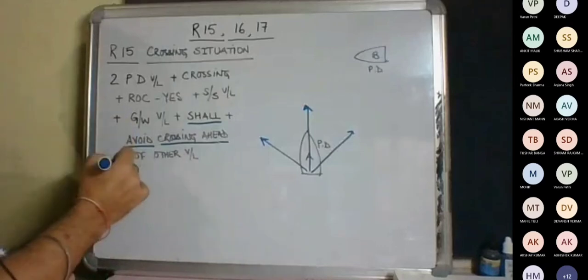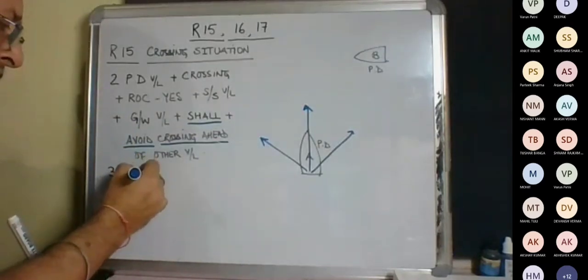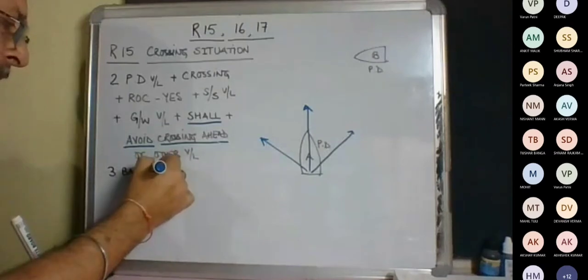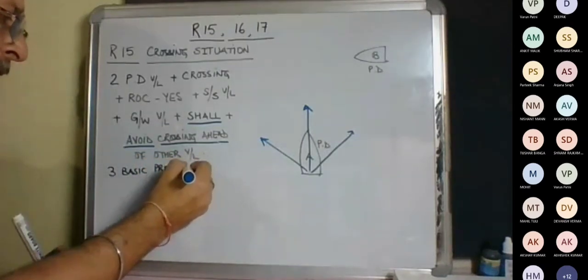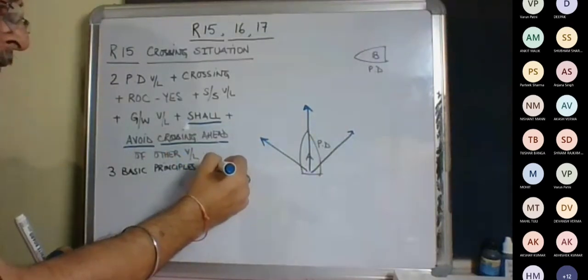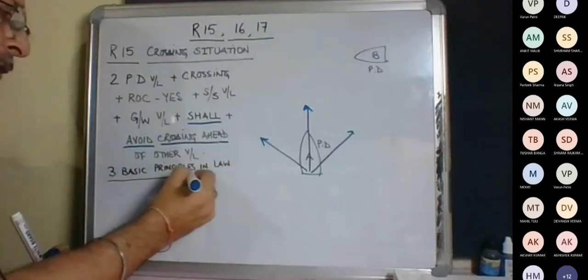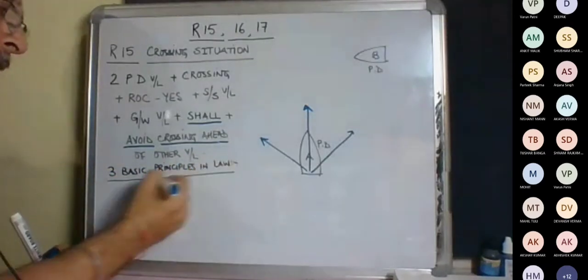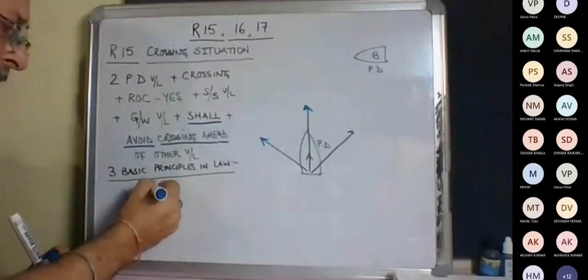So there are three basic principles in law. This is in general. General law, okay? You will find the word may.